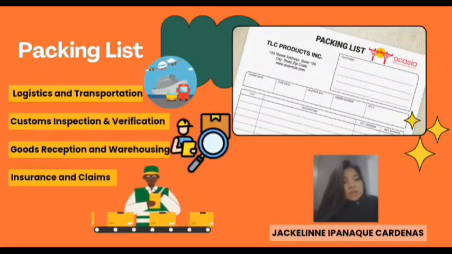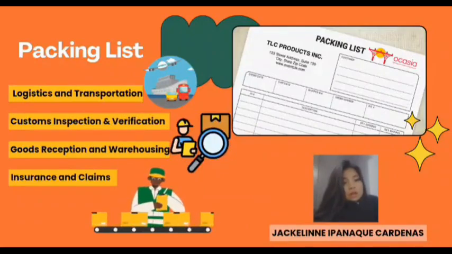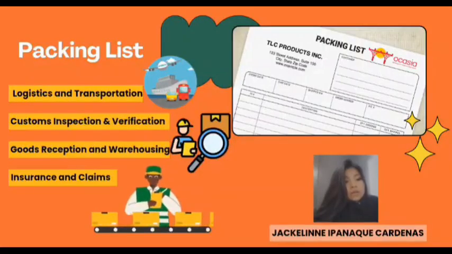Logistics operators use it to optimize space, consolidate shipments, and determine proper handling needs. Customs inspection verification allows customs authorities to quickly inspect and identify the contents of packages without opening every single box. This speeds up customs clearance.